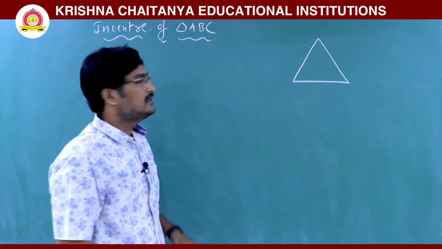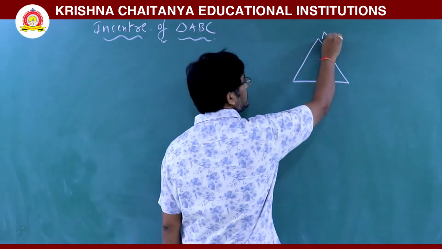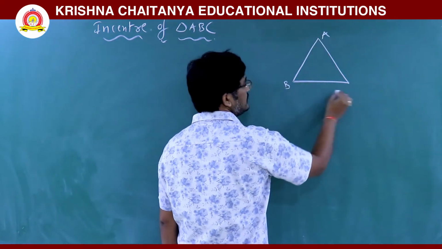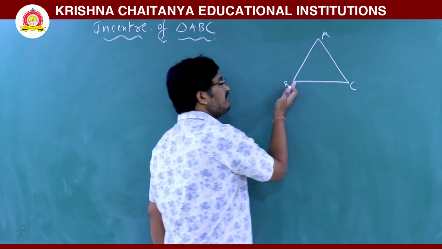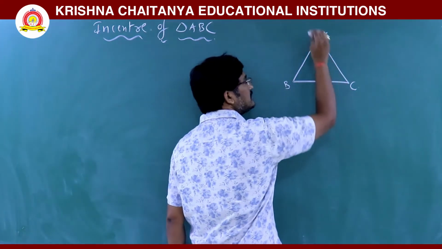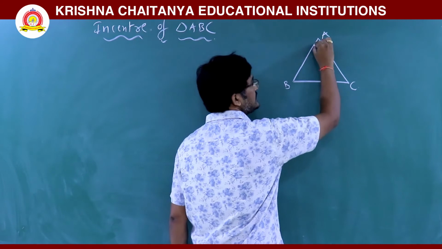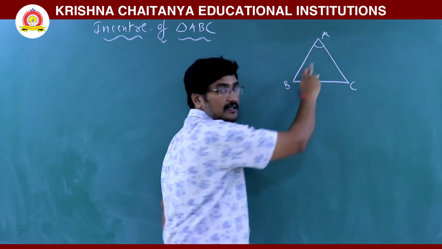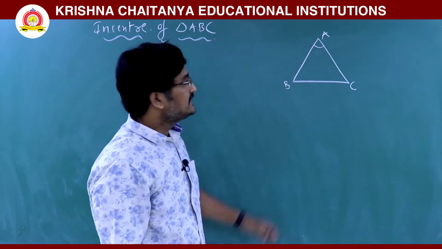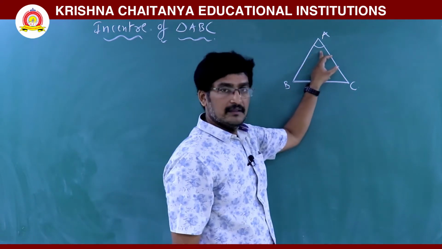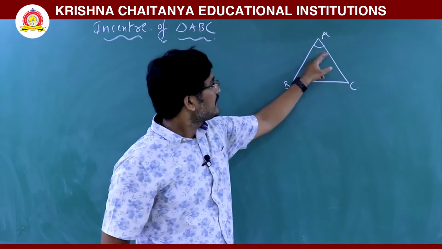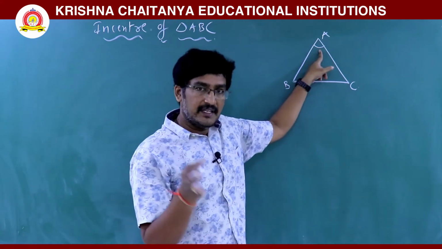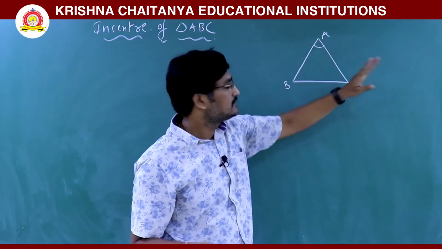Internal angle. So suppose this is A, this is B, this is C. The angle between these two sides, taken inside, is the internal angle of A. We have to take the angle inside of the triangle between these two sides.